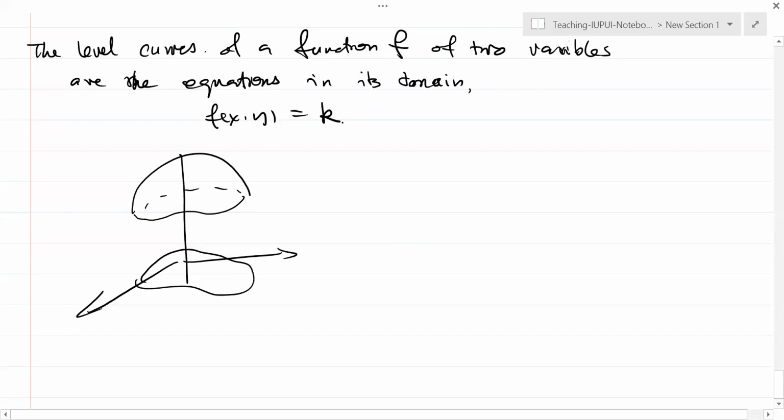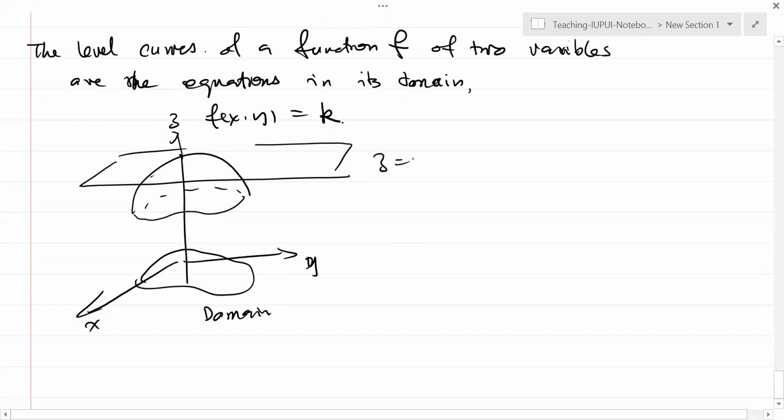Now this is the domain, and this is the y-axis. For f(x, y) = k, you use a plane perpendicular to the z-axis, z equals k. The intersection is a curve on the surface, on the graph.